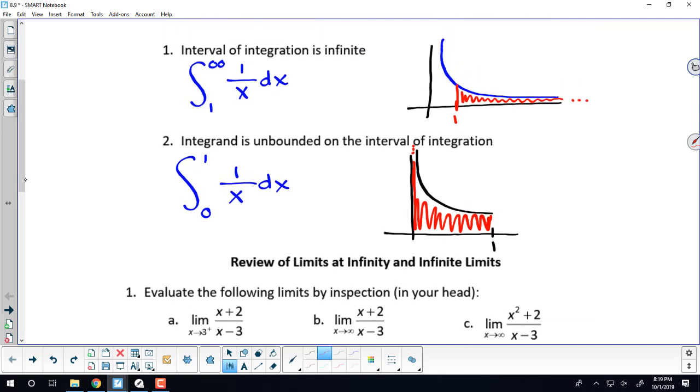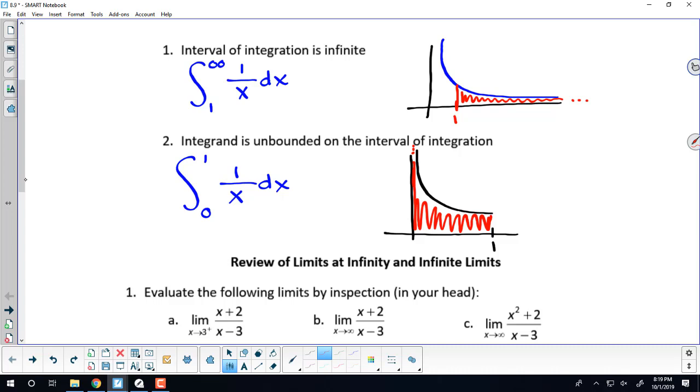How these things are computed is, we look at those limits here with 1 over x. As we get closer and closer to 0, that's a vertical asymptote for the function 1 over x. So we have to look at that in the sense of a limit. On the far left, what happens as we get closer and closer to 0 from the right-hand side?